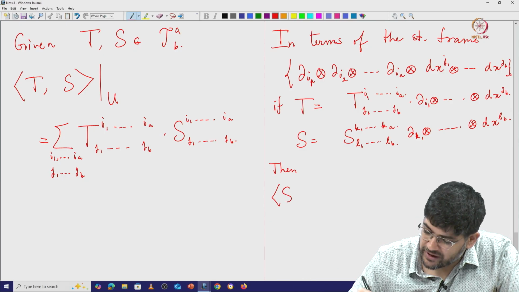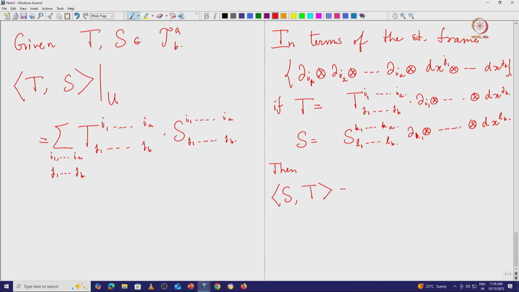Then we have the following formula, that this is given by simply multiplying these components, but then you will have to multiply by some metric components also.